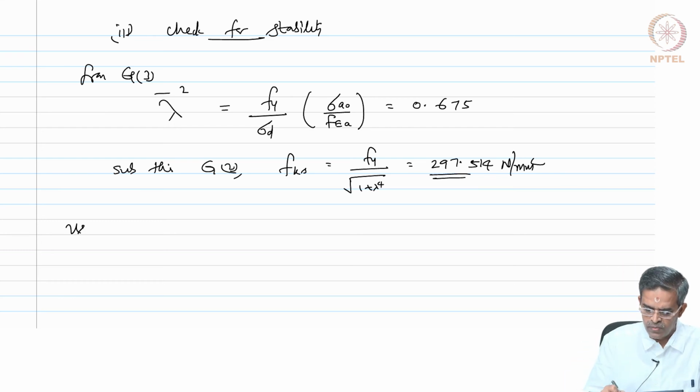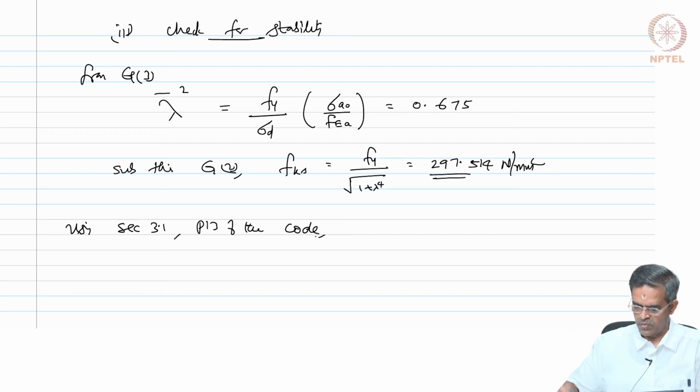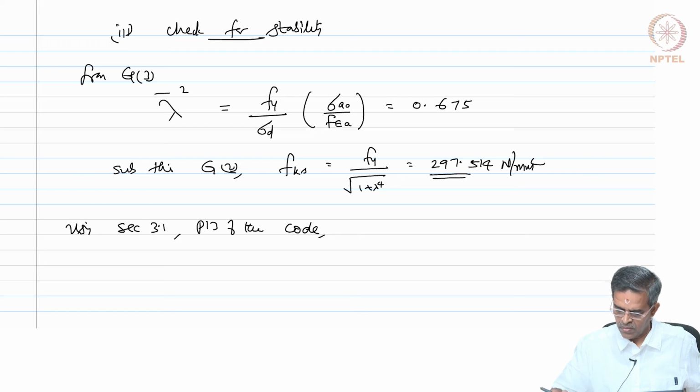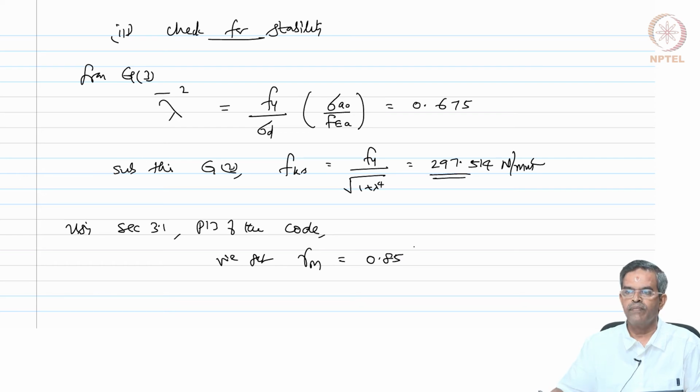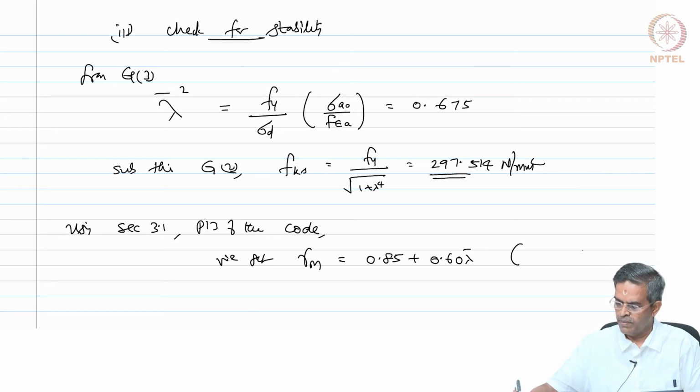So, now using section 3.1, page 13 of the code, we get gamma m as 0.85 plus 0.60 lambda bar, if lambda bar is between 0.5 and 1.